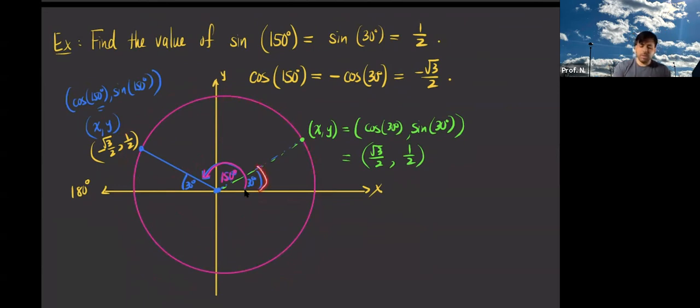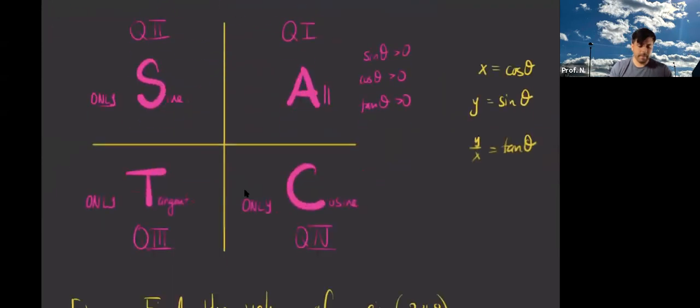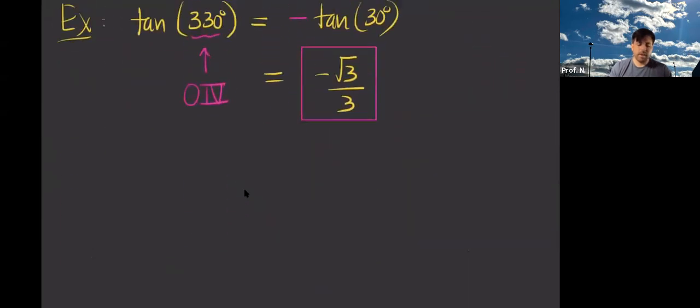So 30 degrees here, we know sine and cosine of it, root 3 over 2, 1/2. 150 is just a reflection across the y-axis. It's just symmetric. So it's based upon the reference angle. Okay? That's how you find the values of the different trig functions.